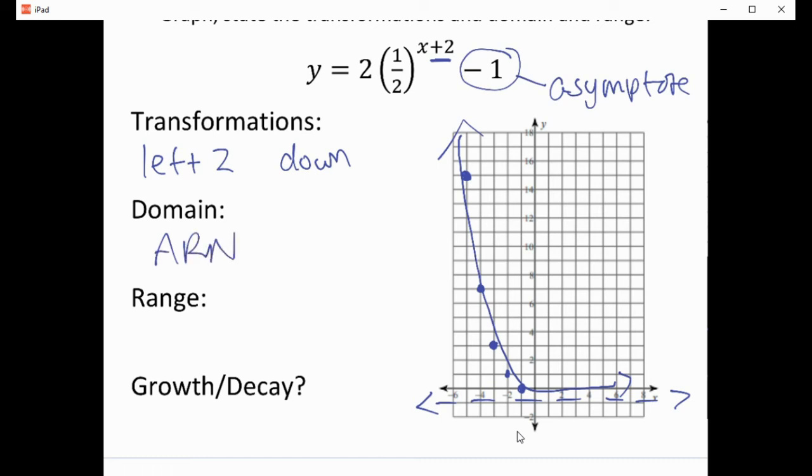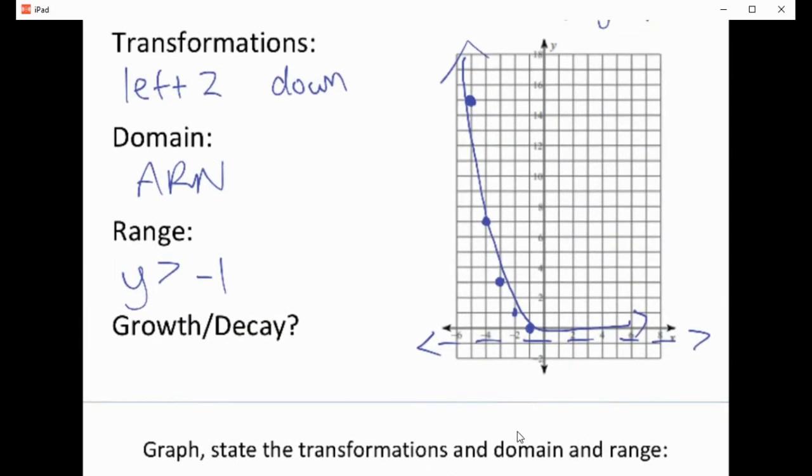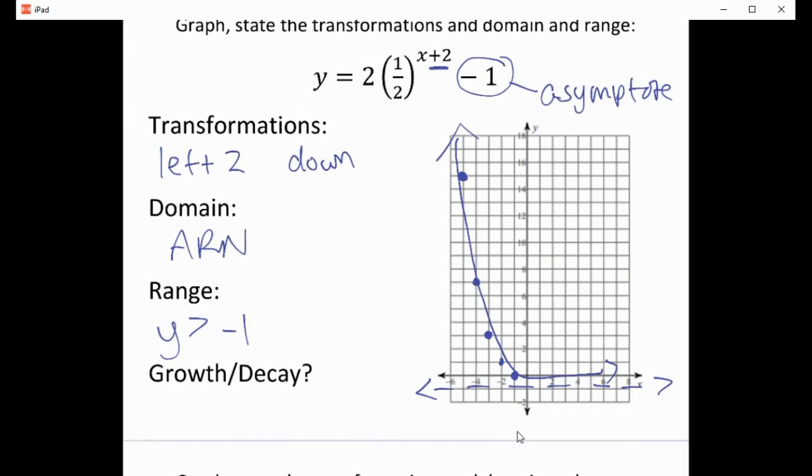For the range, that asymptote is my boundary, and everything's above it. Now this time it does not get the or equal to sign under it. So up here we said y is greater than or equal to -4 because the vertex was a point, my boundary was a point. But this time it's a dotted line, so it's not actually included.